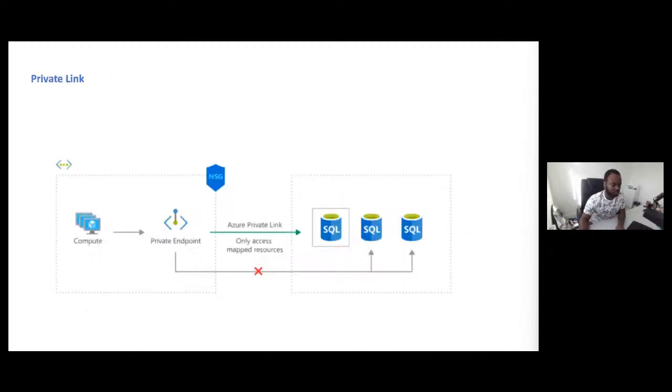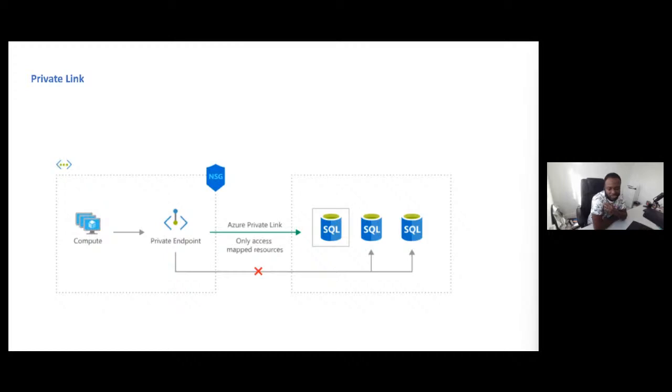Now let's move on to private link. With service endpoint allowing you to have that connectivity to your resources and blocking external connectivity from the internet, Azure Private Link also provides private connectivity from your virtual network to platform as a service, or even your own customers' services.